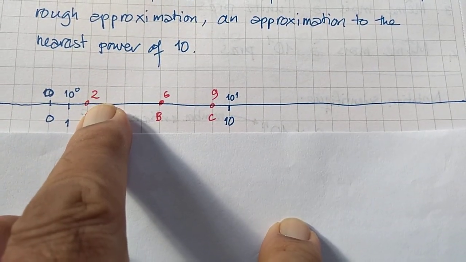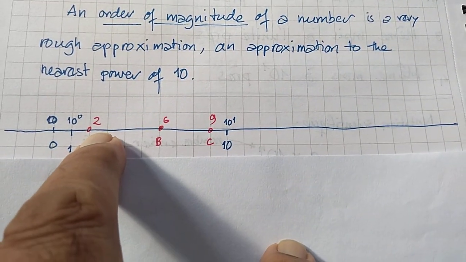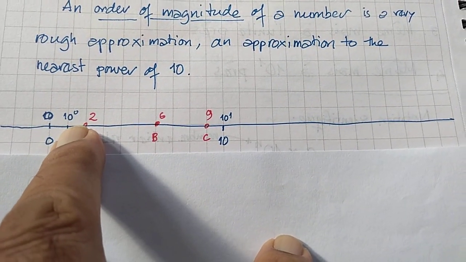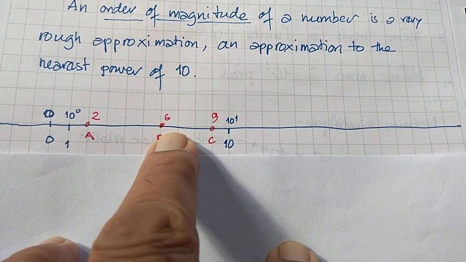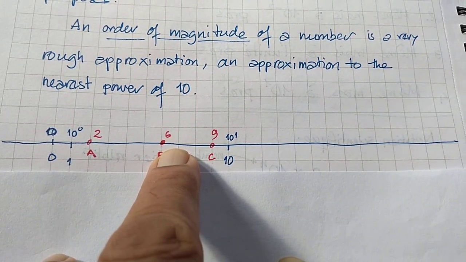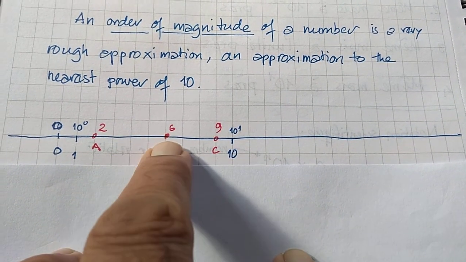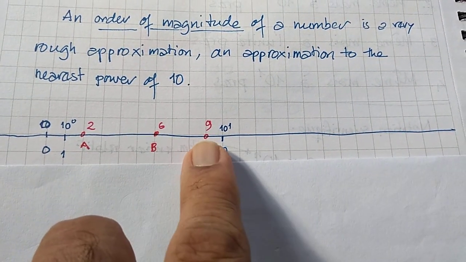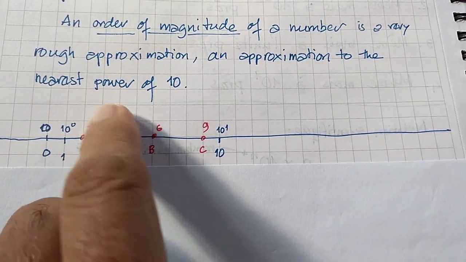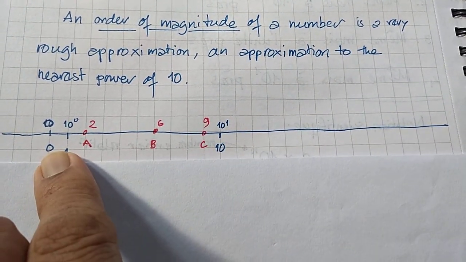So if you take 2, the order of magnitude of 2 is 10 to the power 0, which is 1. The order of magnitude of 6 is 10 to the power 1, which is 10. Why is this going this side and that going that side? Because whichever side it is closer, nearest power of 10. If we go to 9, of course it is closer to 10 than it is to 1.